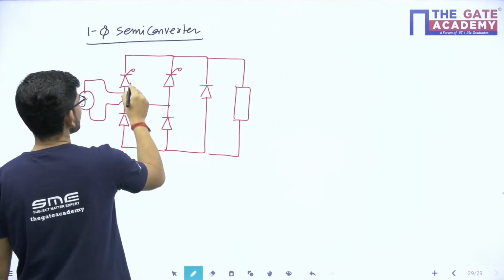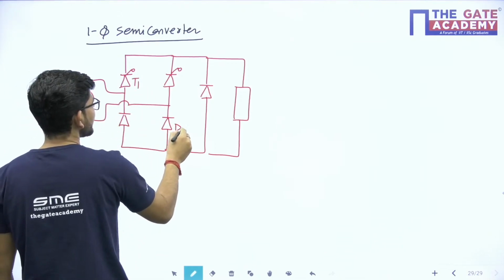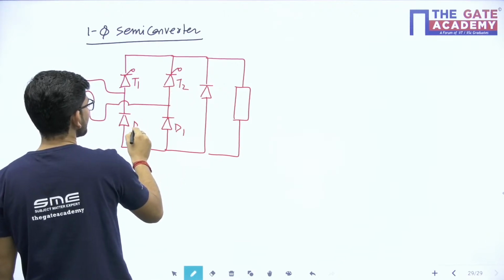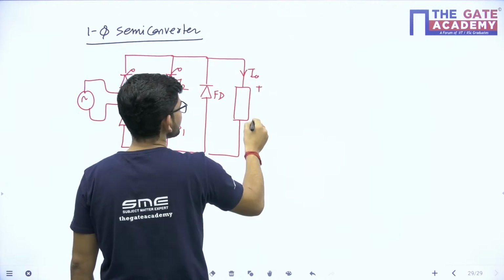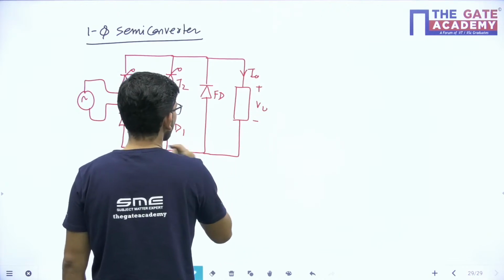This is T1, this is D1, this is T2, this is D2, and this is the freewheeling diode, this is I naught, and this is plus minus V naught that we have.